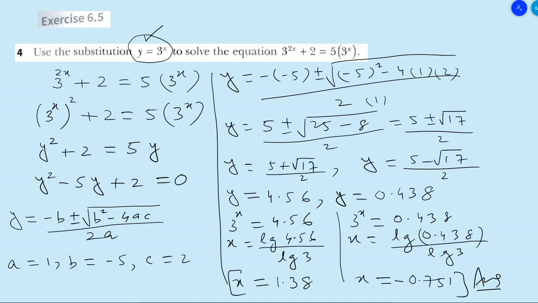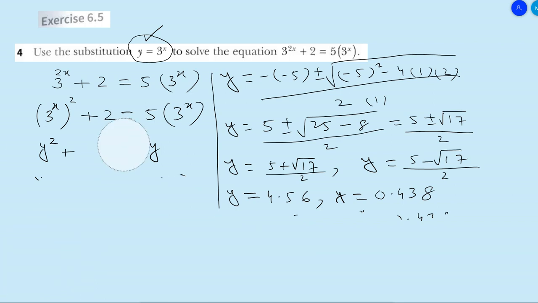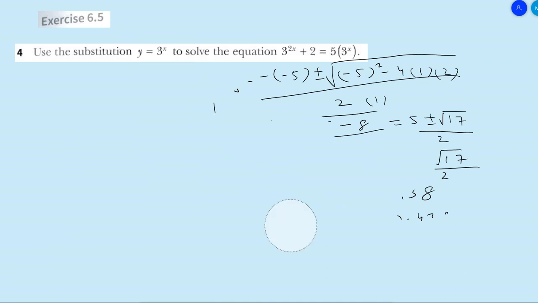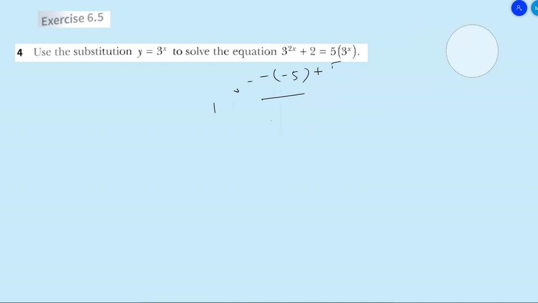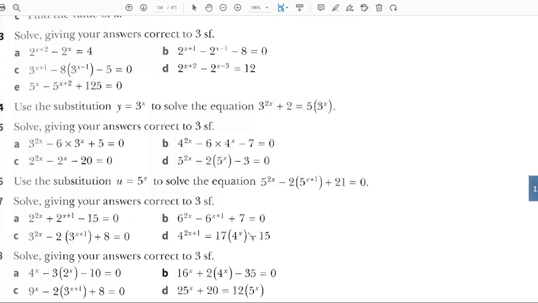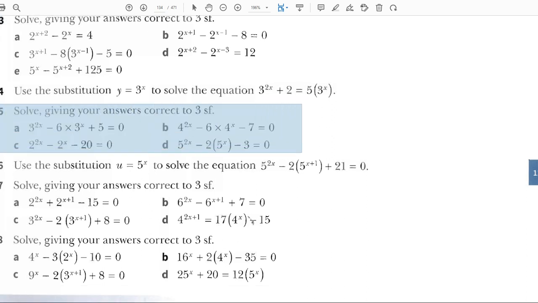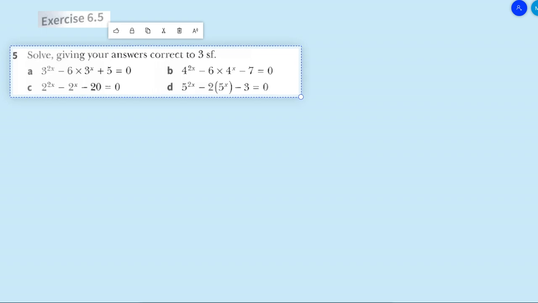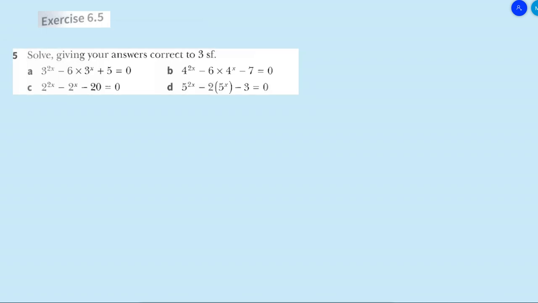Now move to part 5. Move to question 5. This is question number 5.